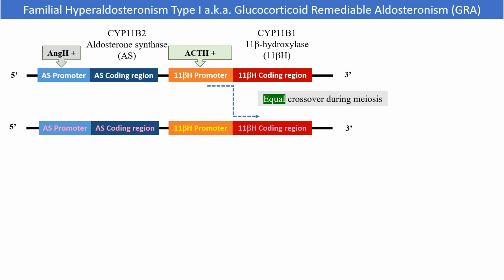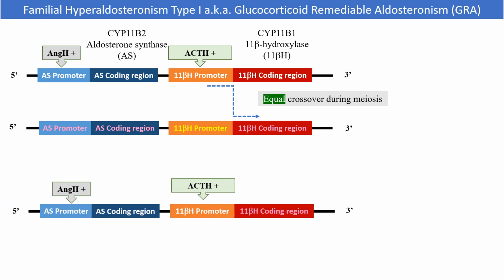This demonstrates equal crossover with exchange of genes during meiosis. The resultant DNA strand has mixed genes taken from the two homologous chromosomes above, but both genes have their proper promoters.